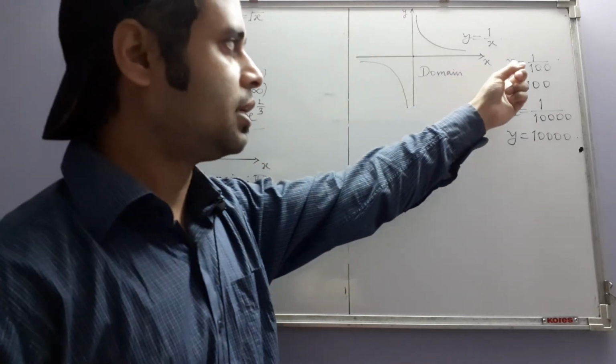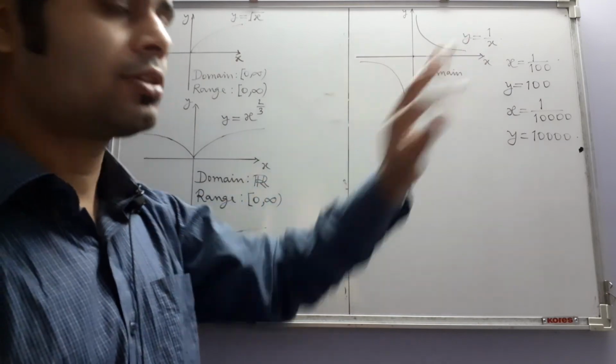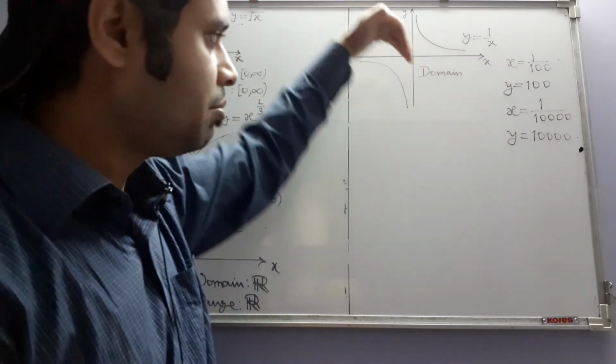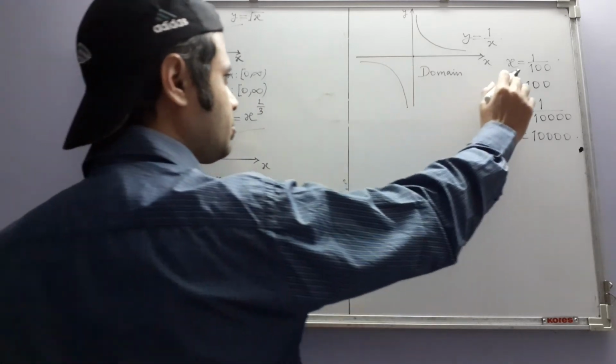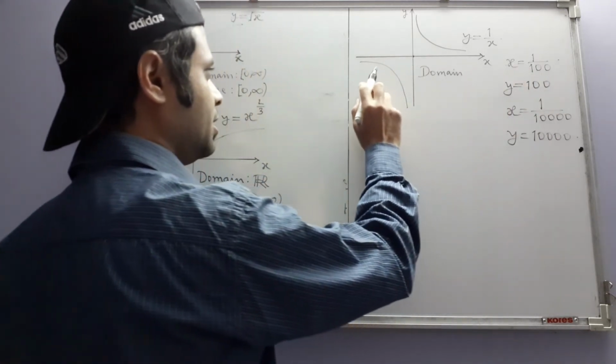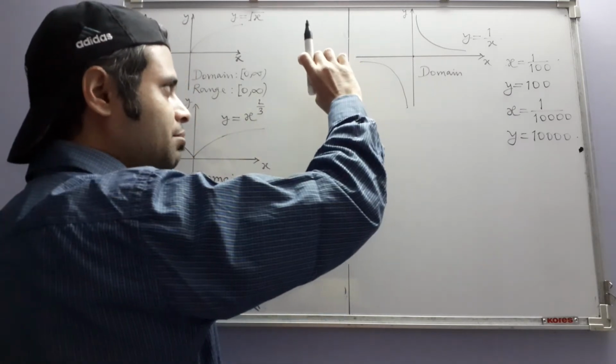So instead of taking x equal to 1 over 100, you can take x equal to minus 1 over 100, then y will be minus 100. And if x itself becomes very large numerically and negative, then y becomes smaller.